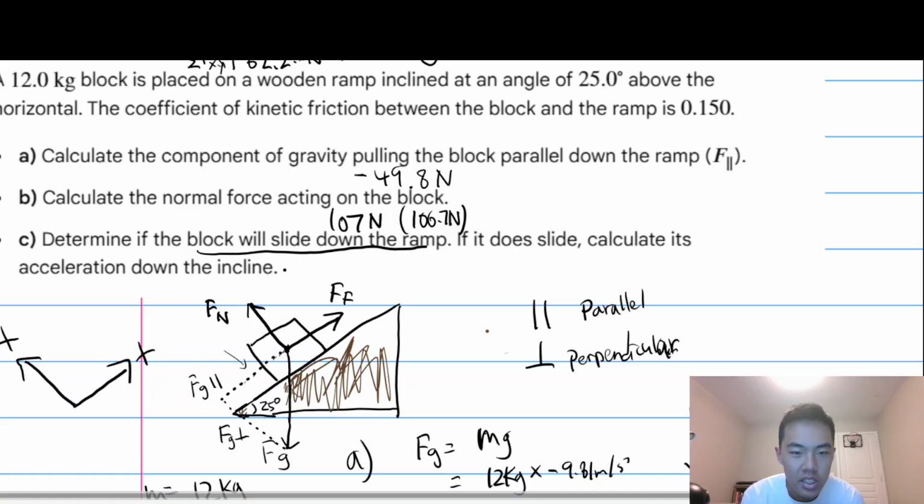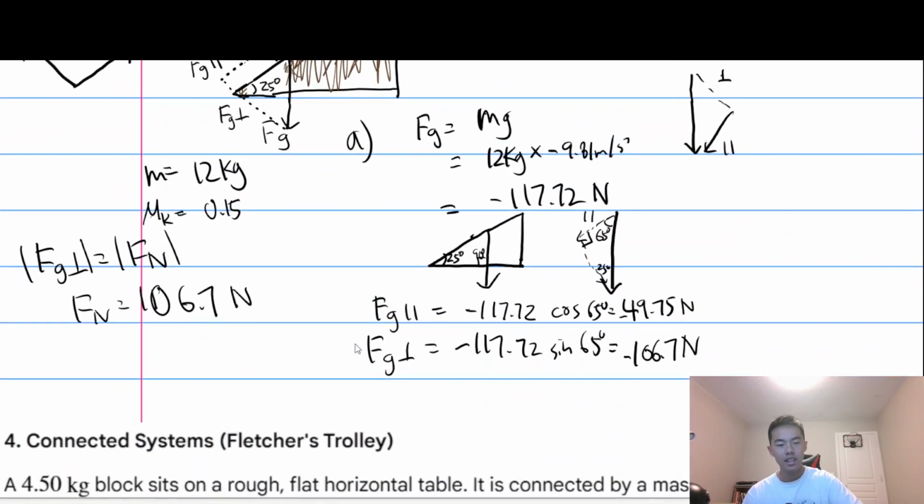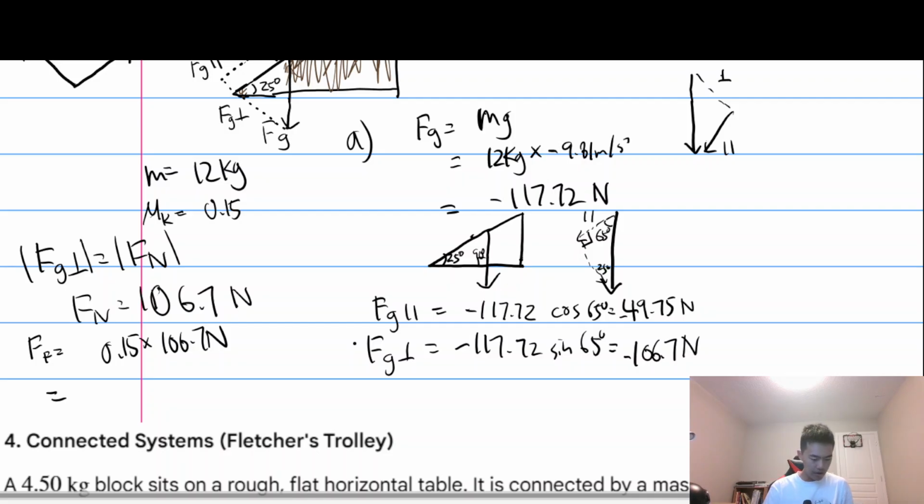Determine if the block will slide down the ramp. How do we do that? Well, we have to calculate our friction force. Yay! Friction force is equal to our mu, 0.15, times our normal force of 106.767.